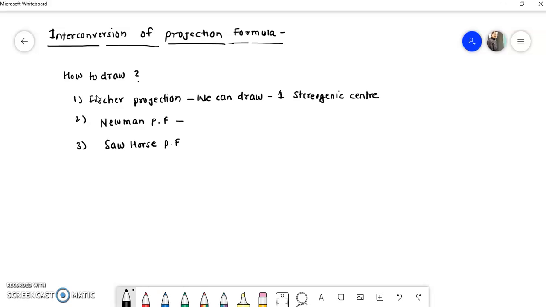But to draw the Newman projection formula or Sawhorse projection formula, we require a minimum of two stereogenic centers. So this is very important.